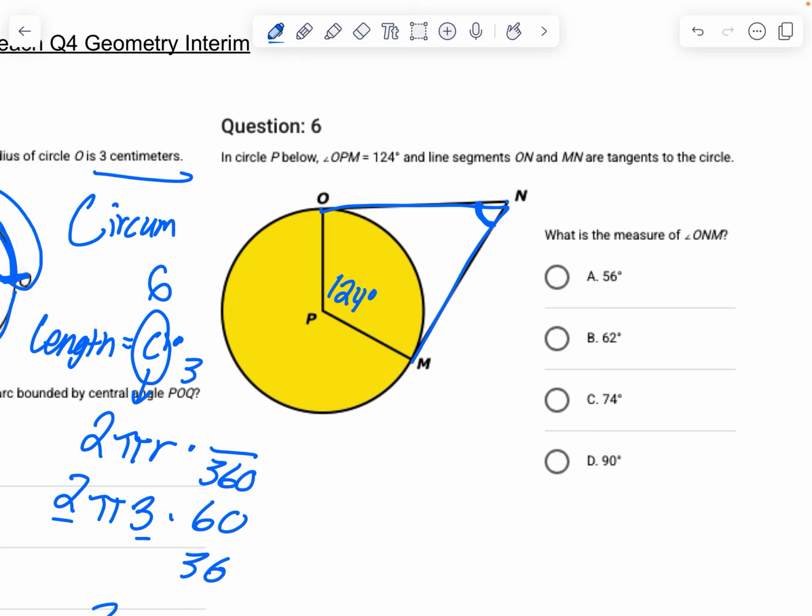Well, nothing on that paper really helps us with this, so we kind of had to go back to some prior knowledge. I need to figure out the exterior crust angle.